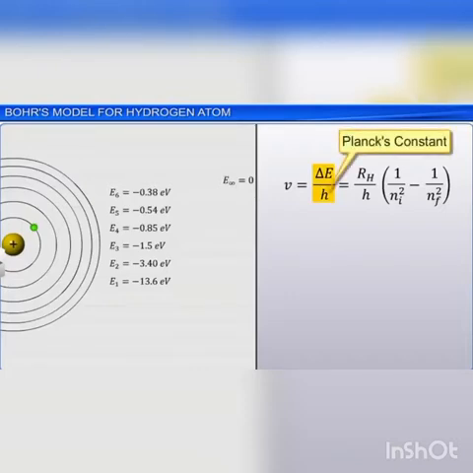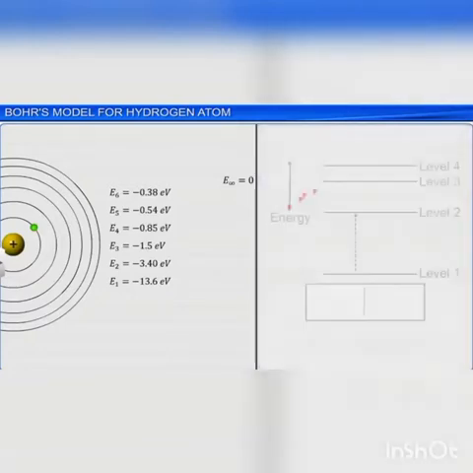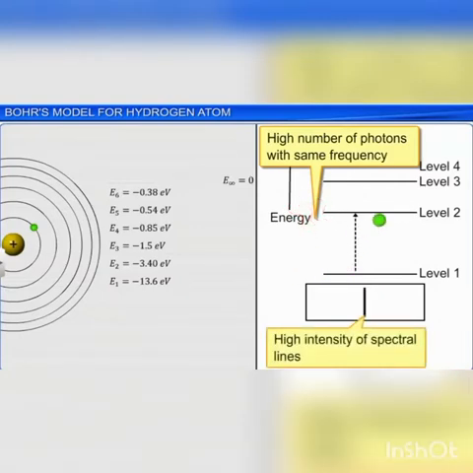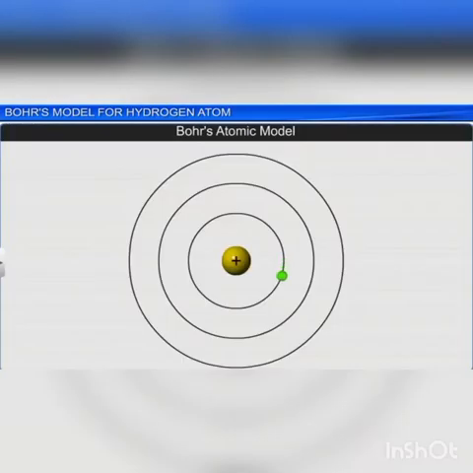The wavelength can be calculated by dividing the velocity of electron with the frequency of the radiation. The more the number of photons of a particular frequency or wavelength absorbed or emitted, the more the intensity of the associated spectral line. Bohr's atomic model of hydrogen atom, therefore, helps to get most of the answers to the questions prevalent at that time.